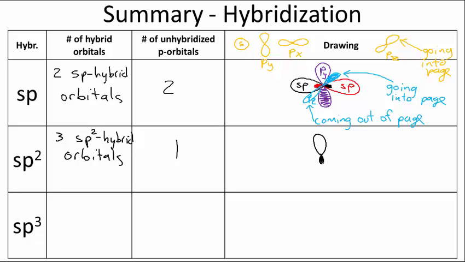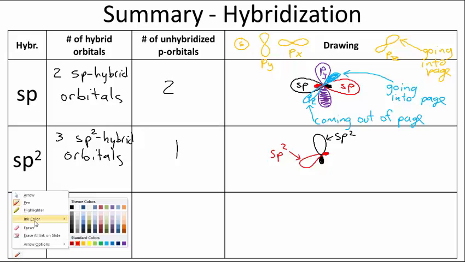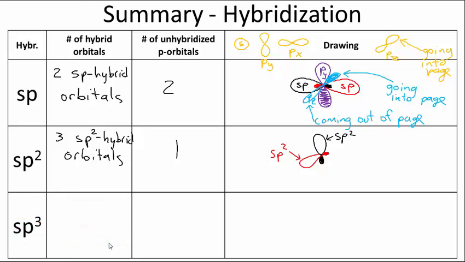So there's one sp2. Here's my second sp2. And here's my third sp2. They point in a triangle, and I would still have the pz orbital left over going into and out of the page. That's going to be hard to draw.